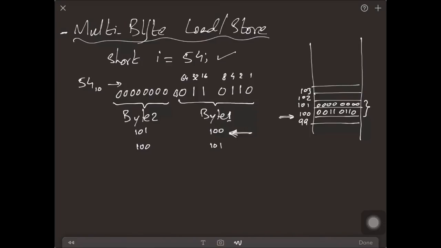If we write the least significant byte at the smallest address, then this is known as the little endian scheme. And if we write the least significant byte at the largest address, that is this way, then this is known as the big endian technique.